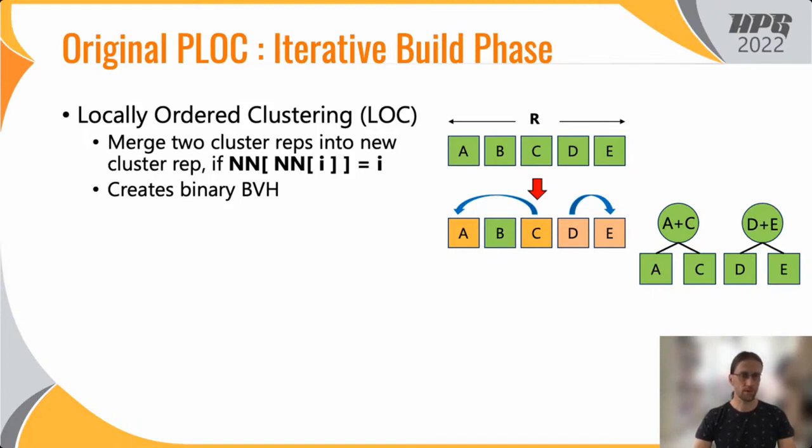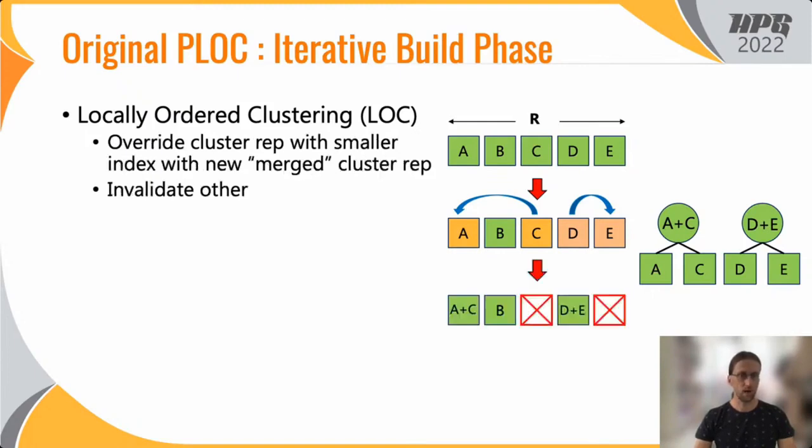This merging creates a new cluster rep, which corresponds to creating an inner node in the inner binary BVH tree. So for our example on the right here, we create the new inner nodes A plus C and D plus E.